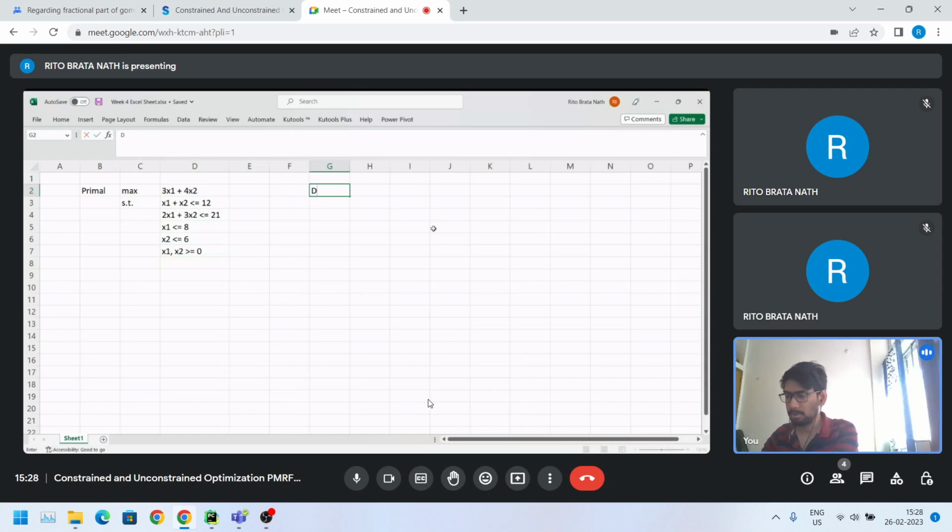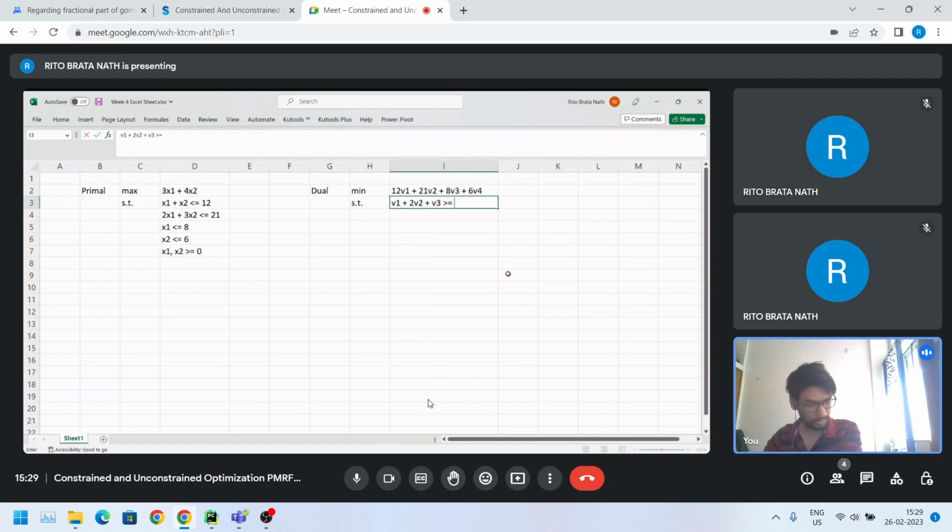The next part is the dual. The dual problem is a min problem, and it's 12v1 plus 21v2 plus 8v3 plus 6v4. This is your objective, and it is subject to two constraints. First one is v1 plus 2v2 plus v3 greater than or equal to 3.